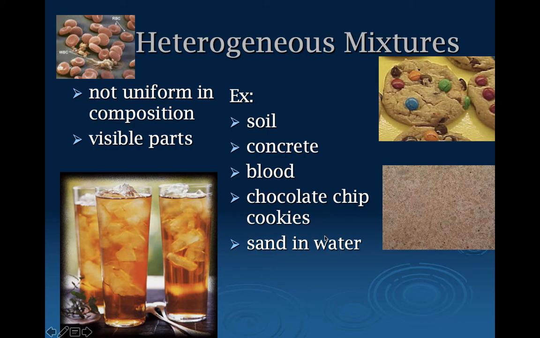Sand would have millions of different types of tiny little rocks. And then iced tea. But you have to have the ice. So you can see the ice and you can see the tea. That would be heterogeneous. If I just had tea, you could maybe say that that tea was homogeneous.